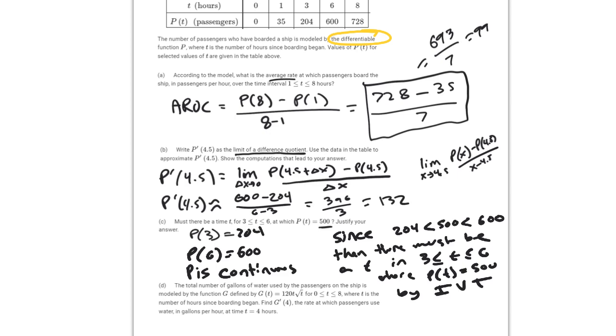So you've got to mention intermediate value theorem, you've got to mention continuous, and then you've got to check the endpoints.